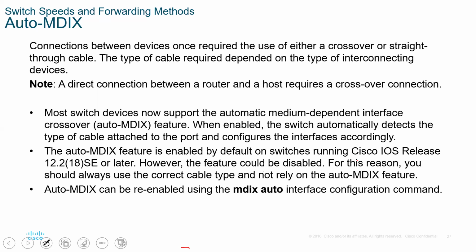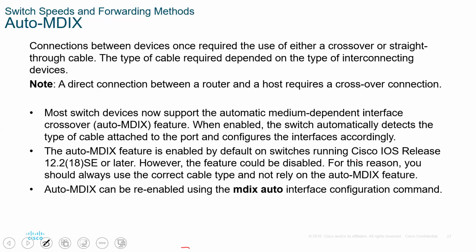Most switch devices now support auto MDIX. What is auto MDIX? It's automatic medium dependent interface crossover. When it's enabled, the switch can automatically detect the type of cable attached to the port and configure the interface accordingly.